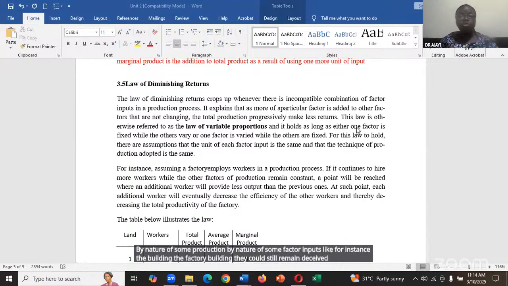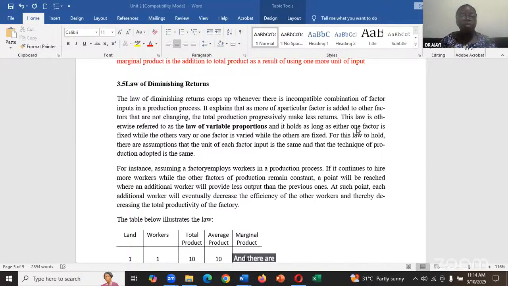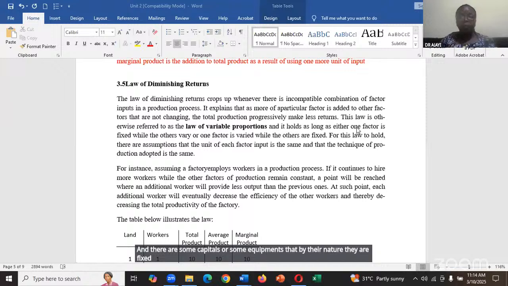You could not expand production, and there are some capitals or some equipment that by their nature are fixed capital. So if you have such in an organization, or if a particular firm or company still has a particular factor input that is fixed, they are definitely still operating in the short run.